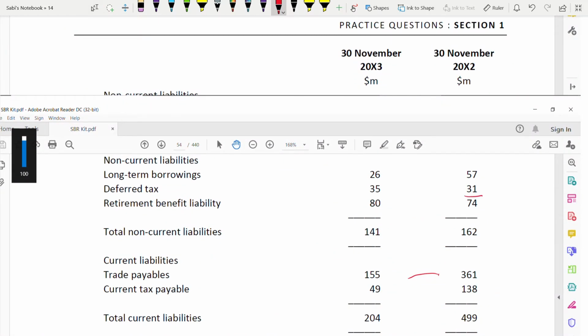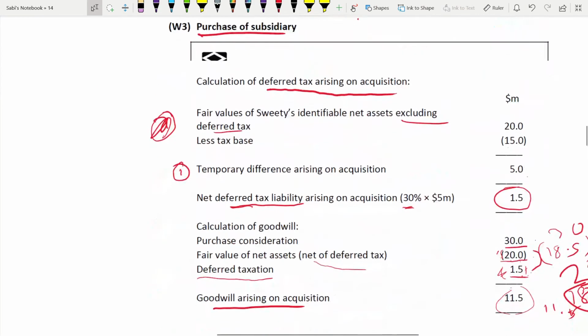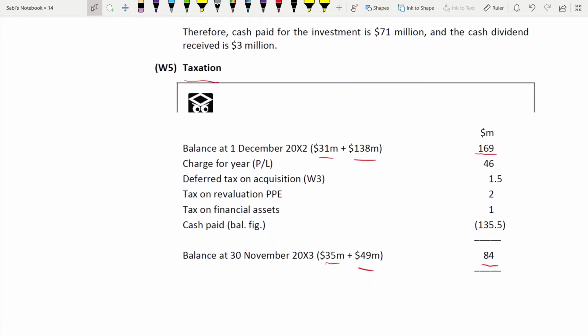One is your current tax payable, so you add this with this opening balance and you add this with this. Remember, for taxation there is only one working, no two separate workings. Deferred tax and your income tax or current tax, you add together and show as taxation. So you add here also. Okay, opening and closing.